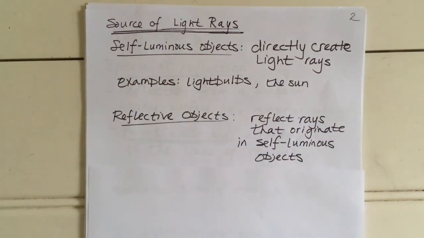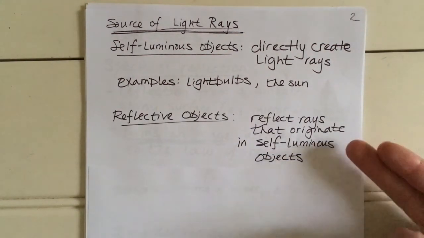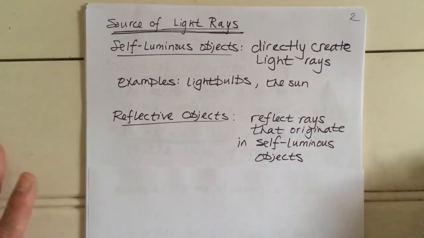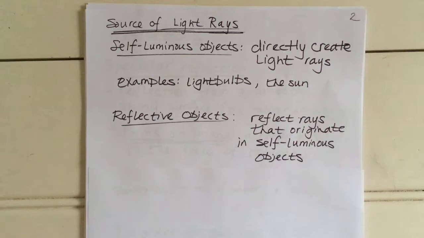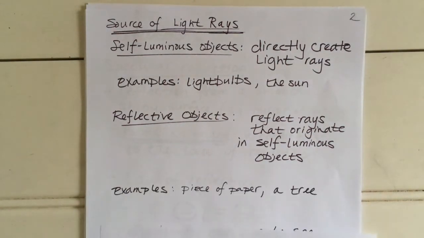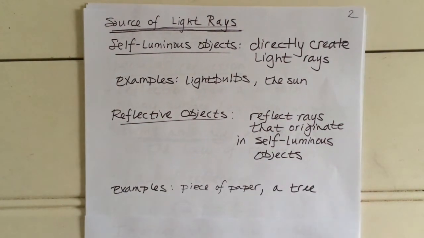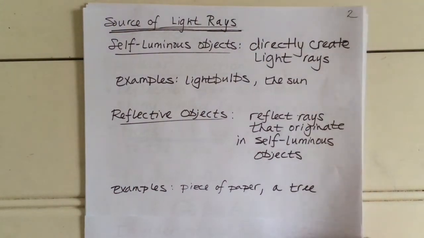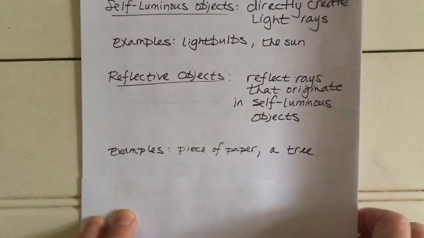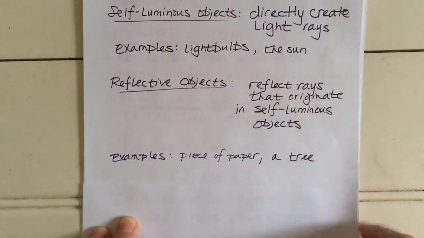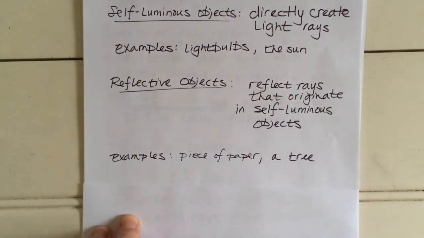Reflective or illuminated objects reflect rays that originate in self-luminous objects. Right now we're able to see this paper because there's light coming in from the window, and the sun is self-luminous, and this piece of paper is a reflective object. Other examples are a tree, the sidewalk, you name it. Most of the time we're thinking of reflective objects.